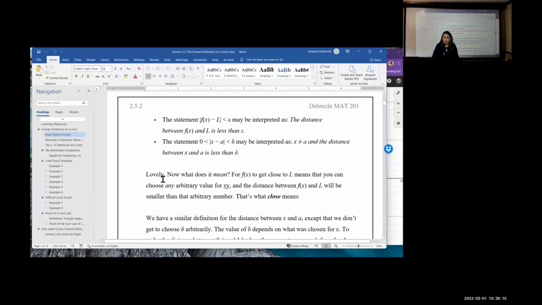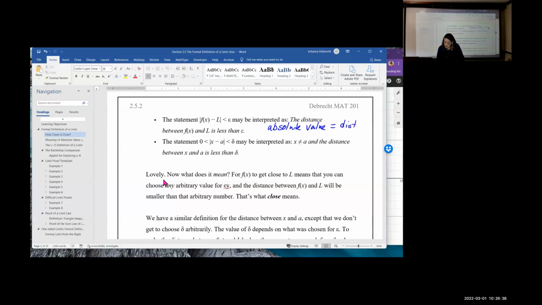So now we're going to break it apart into pieces. And the first piece is the absolute value of f of x minus L. When you see an absolute value symbol, you can interpret the absolute value as the distance between. So absolute value really does represent the distance between.